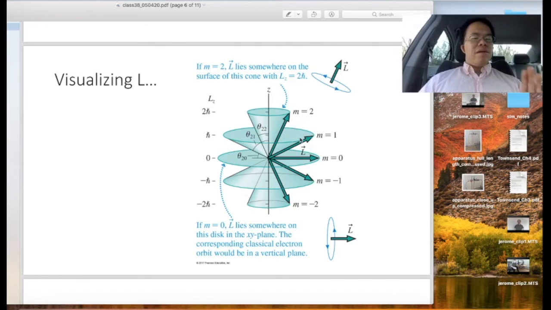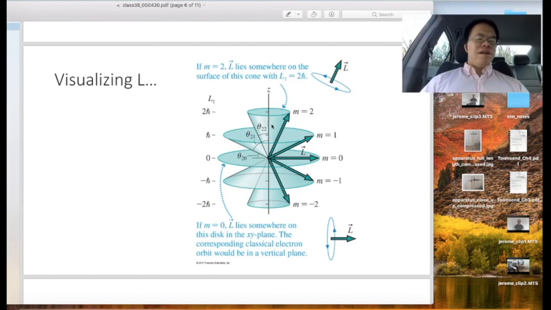Nonetheless, this diagram is useful for pointing out the idea that the L vector cannot purely lie along the z direction, because if it did, we'd be able to say that both Lx and Ly were 0, which turns out to not be possible.